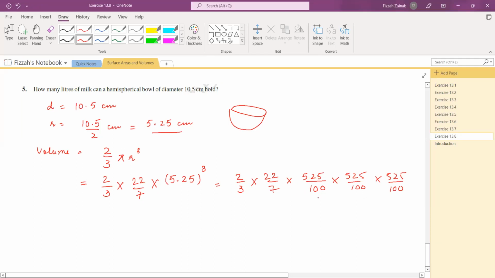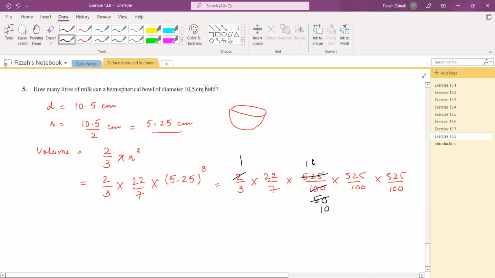Okay, let us try to simplify. Can we simplify it a little bit? So I'm starting from here, 2 into 1 and then 2 into 5, 50, right? So that it can be divided by 5. So I'm dividing it by 5.